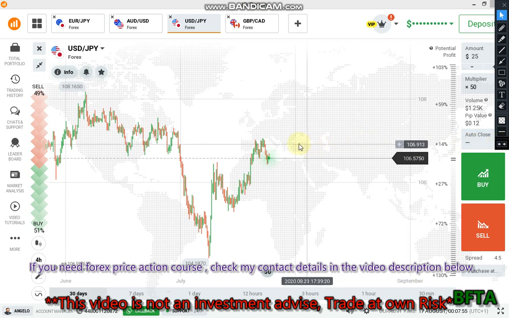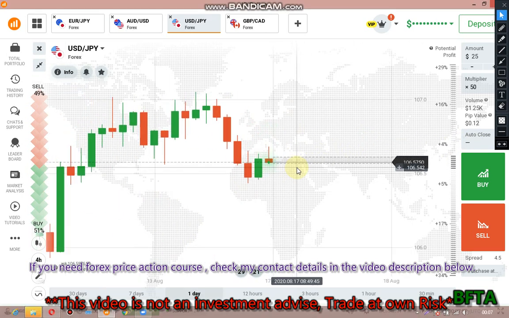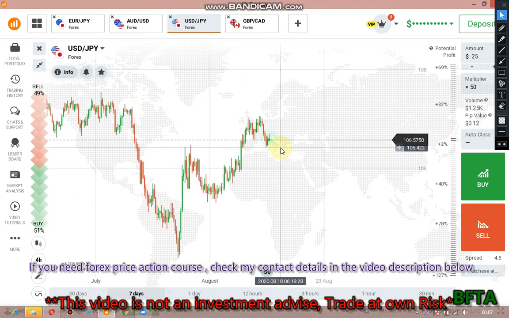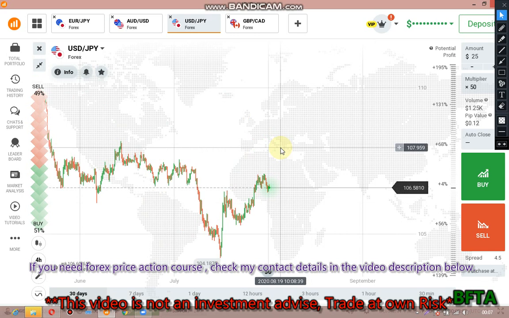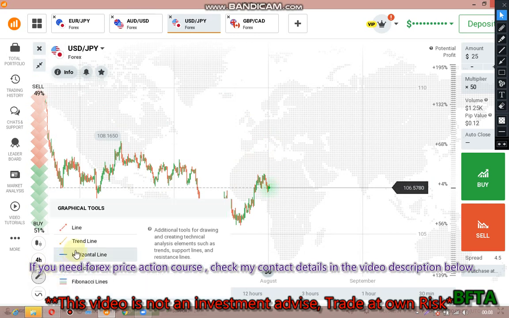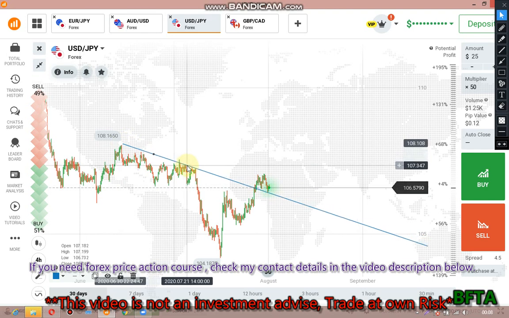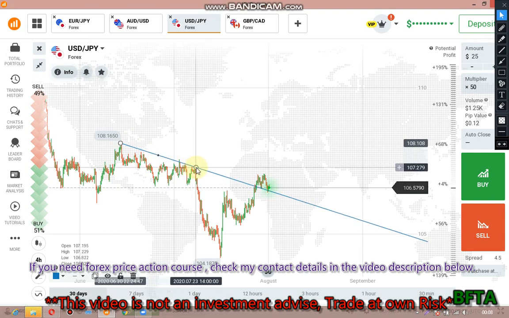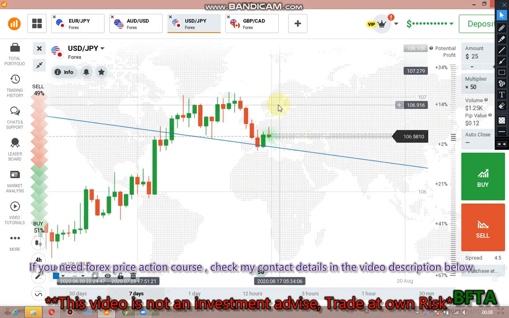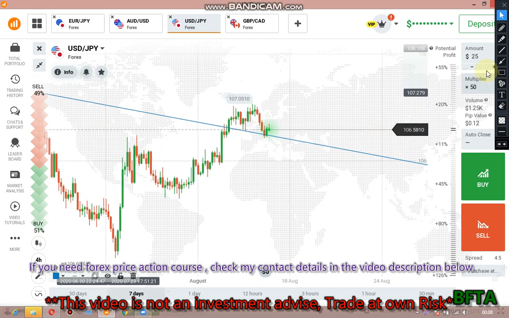USDJPY, the trend is uptrend. I'm seeing a pullback, because of this area here, because of this level. Maybe the breakout, then the pullback. So that means there's a pullback to test the trend line.